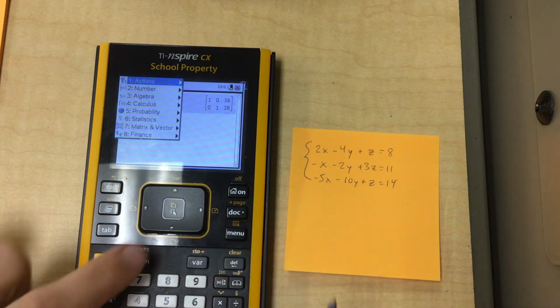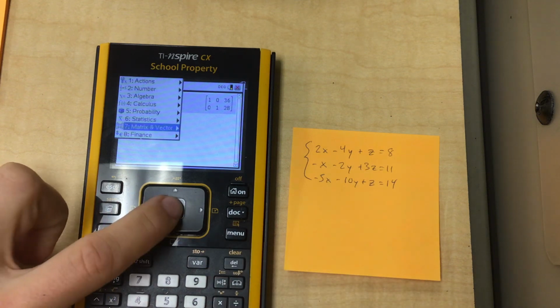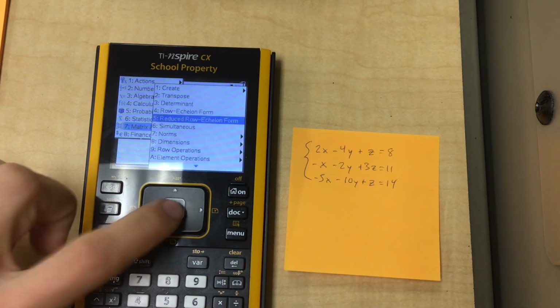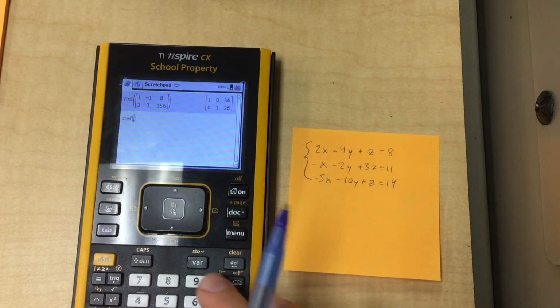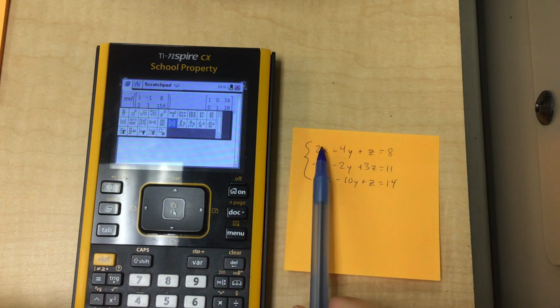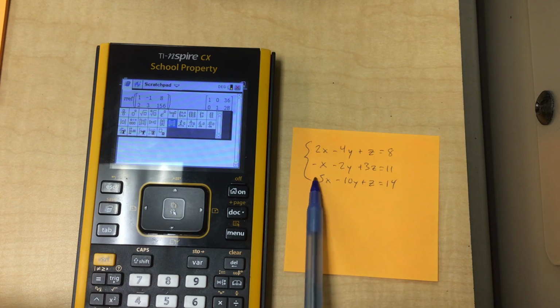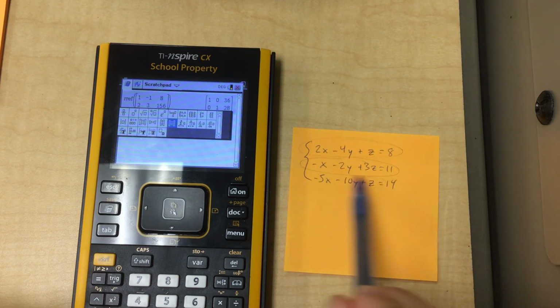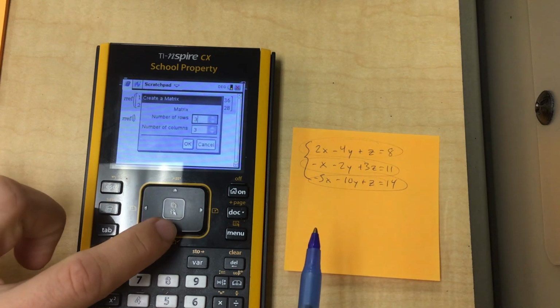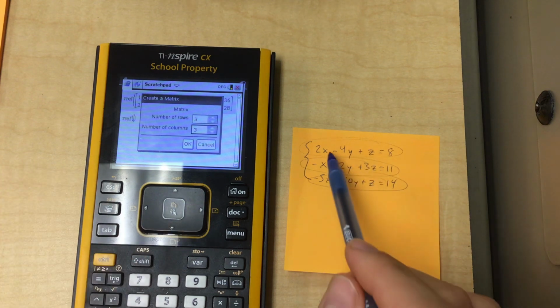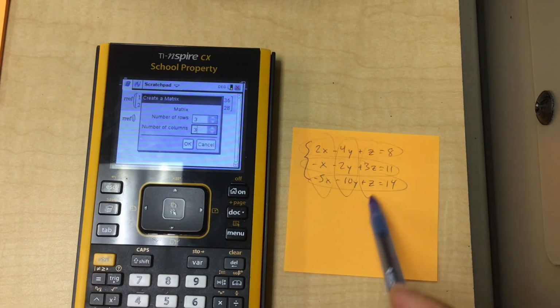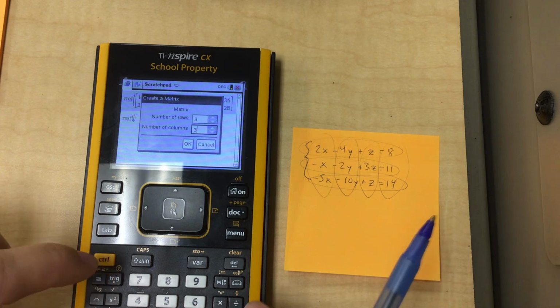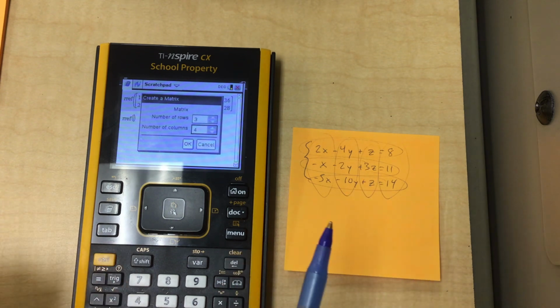Same thing, we go back to menu, matrix and vector, row reduced echelon form, and now we're going to type in, we have 1, 2, 3 rows, right? So we're going to do 3 rows. And the number of columns, we have x's, y's, z's, and constants. So I actually have 4 columns.